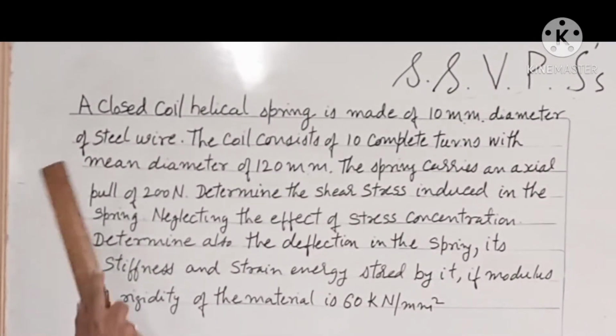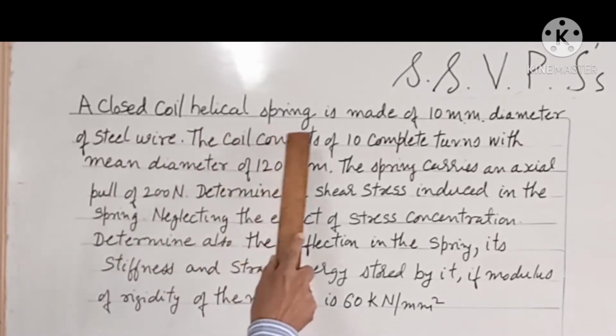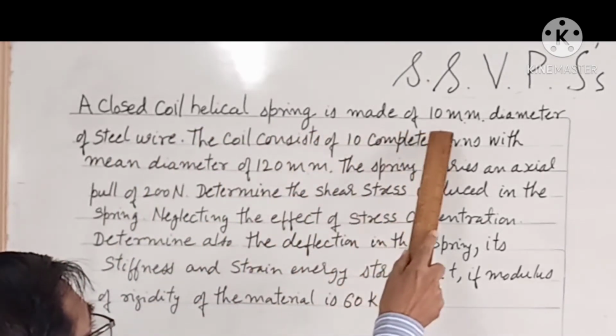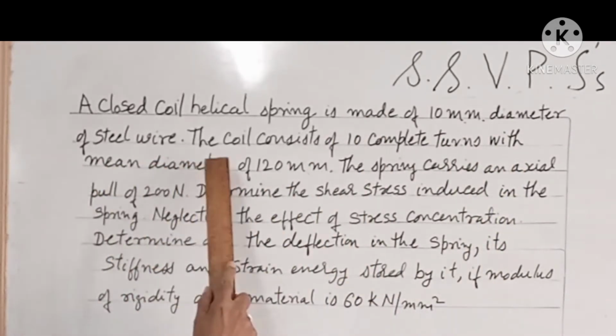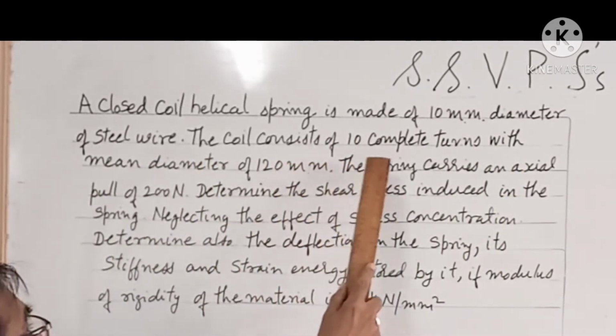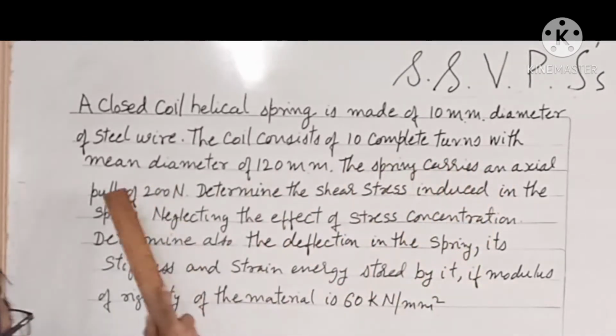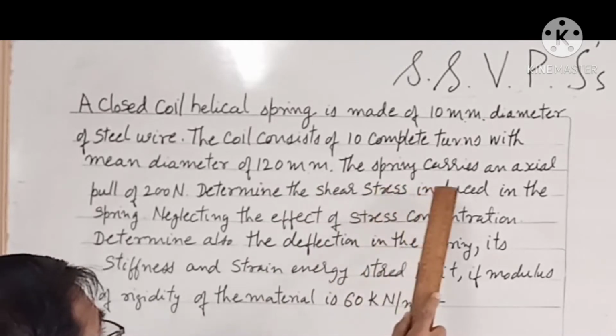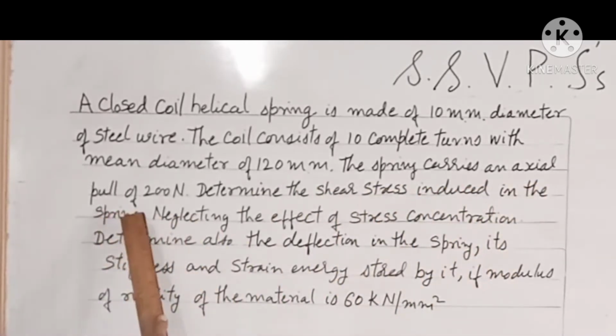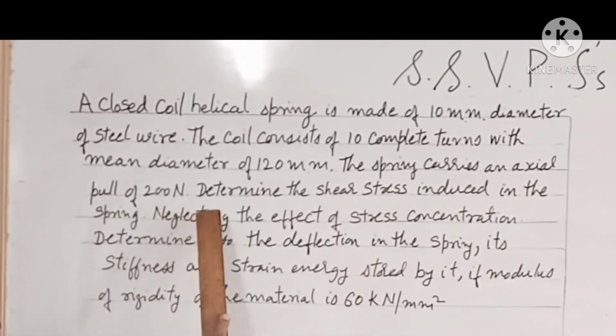Let us have a problem. A closed coil helical spring is made of 10 mm diameter steel wire. The coil consists of 10 complete turns with a mean diameter of 120 mm. The spring carries an axial pull of 200 Newton.